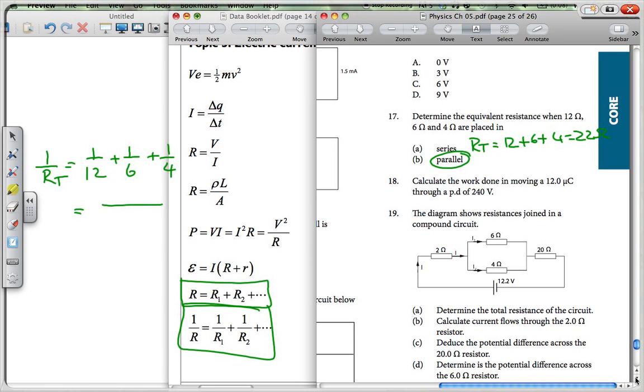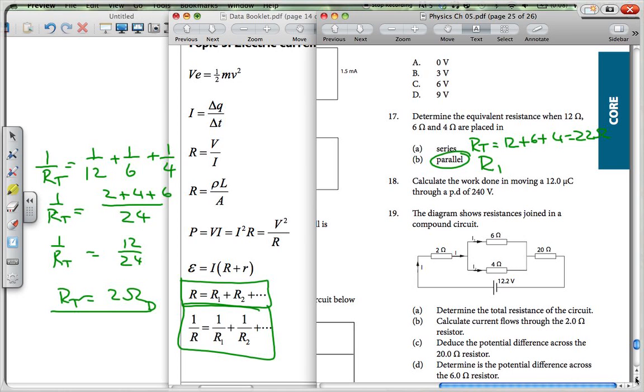We can use 24 as the lowest common denominator here, so it's going to be 2 plus 4 plus 6, so 1 over RT is 12 over 24. So we invert both sides, and we're going to get 24 divided by 12, which is 2 ohms. So the equivalent resistance for the parallel would actually be 2 ohms.